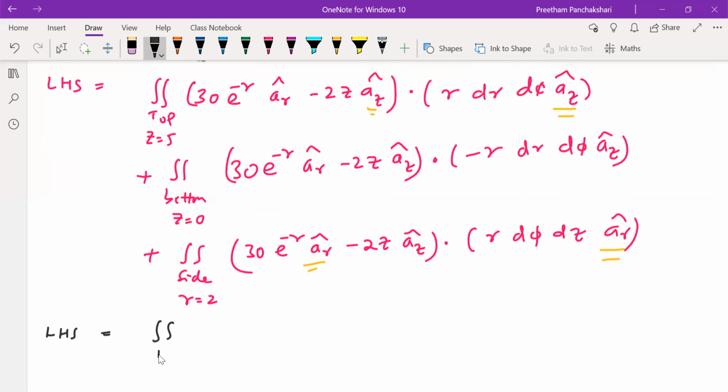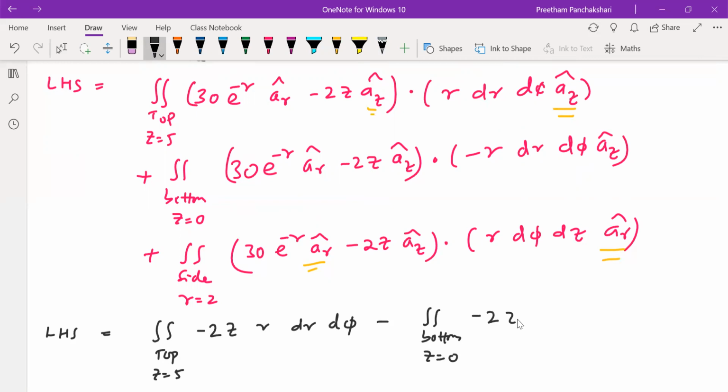The integral over the top surface: we have minus 2z r dr dφ for the top surface, for which z equals 5. In the second one, the minus sign comes out. We will have the integral over the bottom surface. As we have discussed, z equals 0.